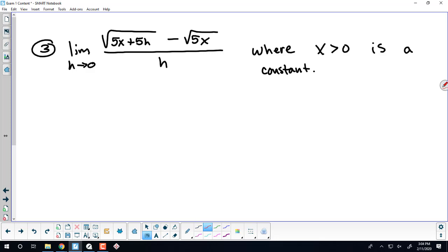So we'll just say, directly substituting this in, we get what? Something that does not exist is technically not a correct way to describe that. Maybe something that's just approaching infinity. So why do you think it's approaching infinity?